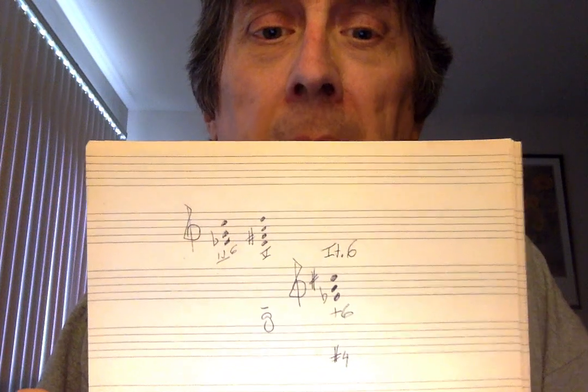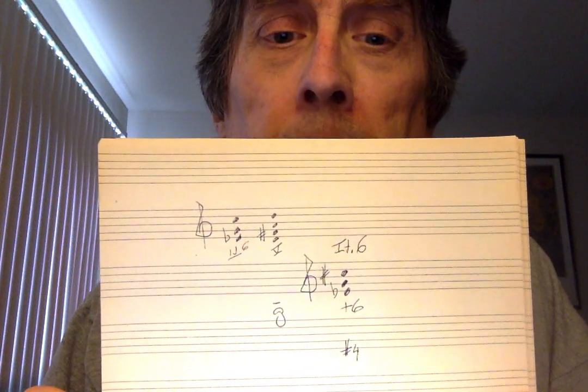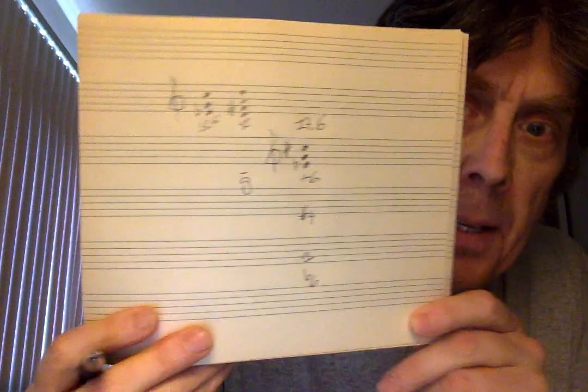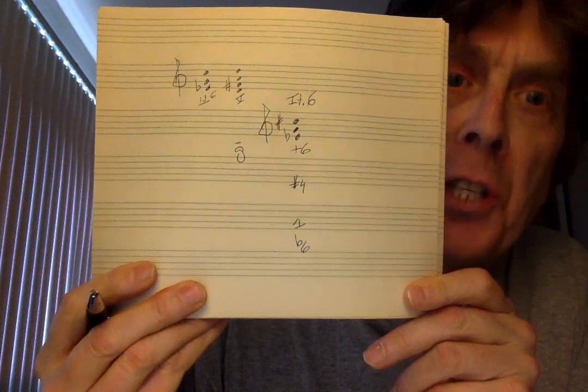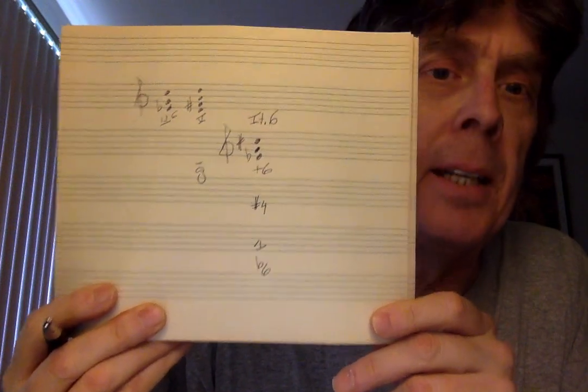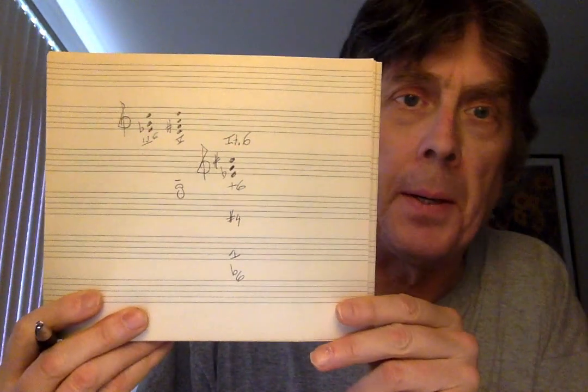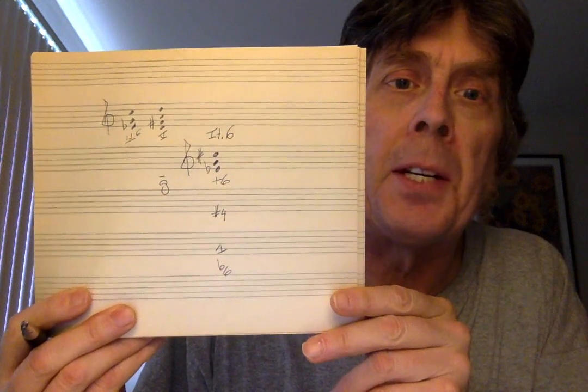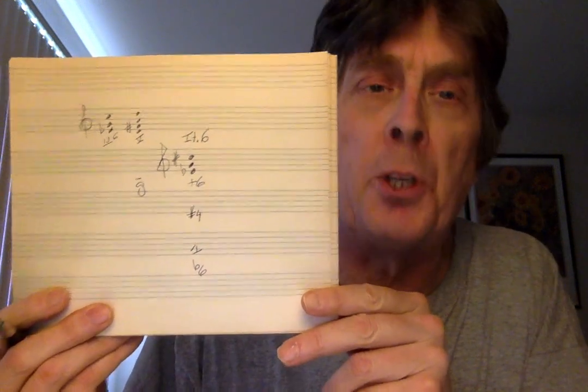That makes an Italian augmented 6th chord. And in a 4-voice texture, what you do is you double the G. So basically, flat 6, sharp 4, and 2 tonics. That makes the Italian 6th chord.